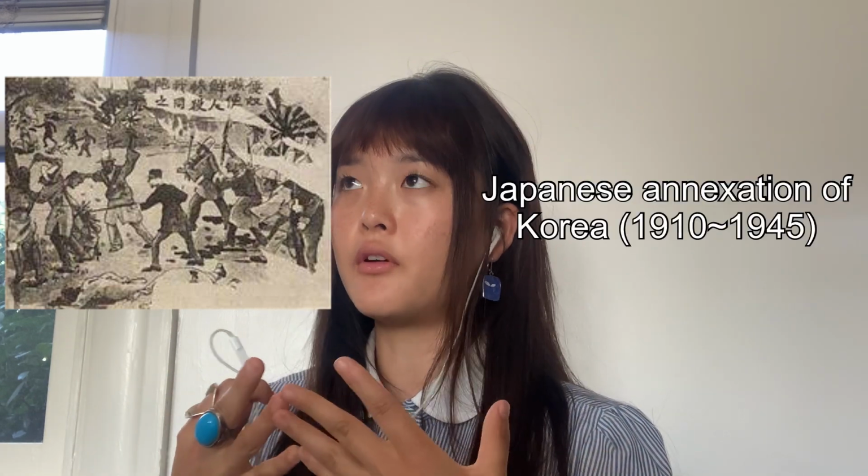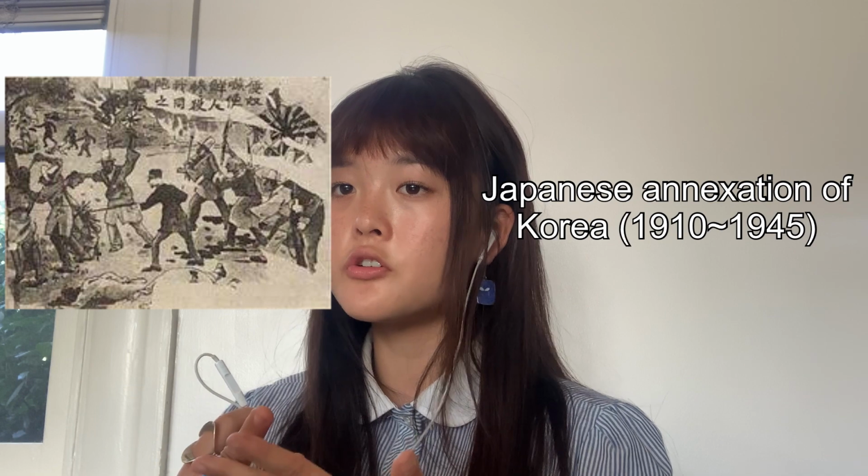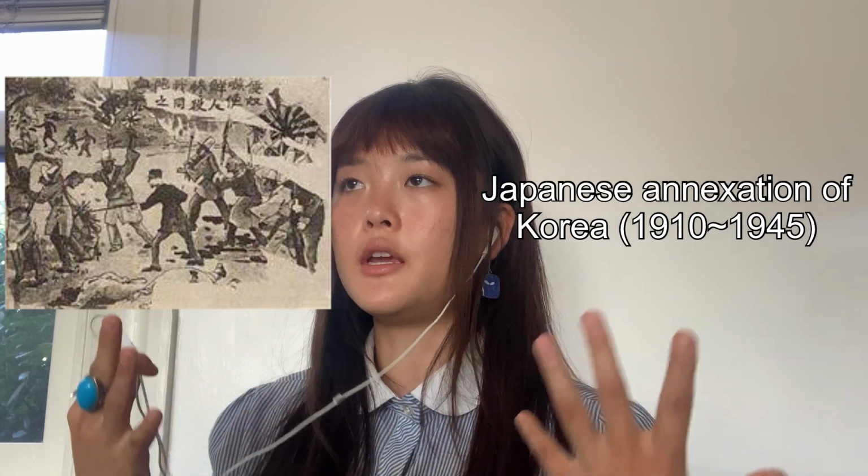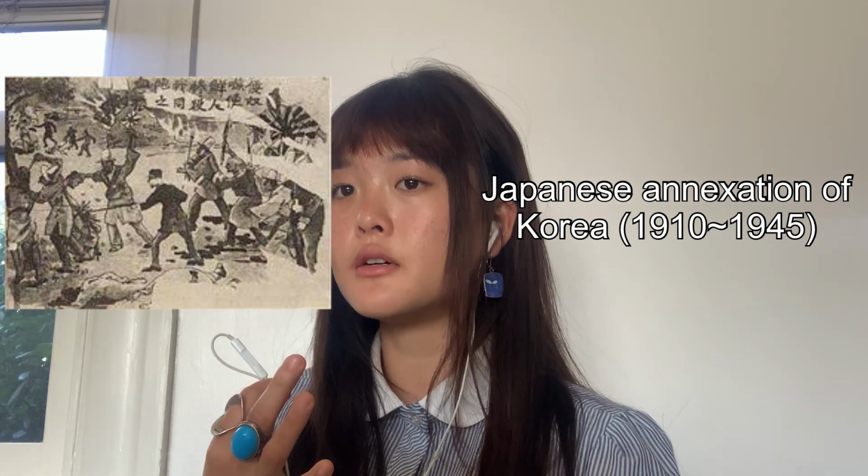Na Hye-sok was born in 1896 and raised in a family in the Lee dynasty, basically the last Korean ruling dynasty before the Japanese annexation and the beginnings of Japanese colonialism in Korea.